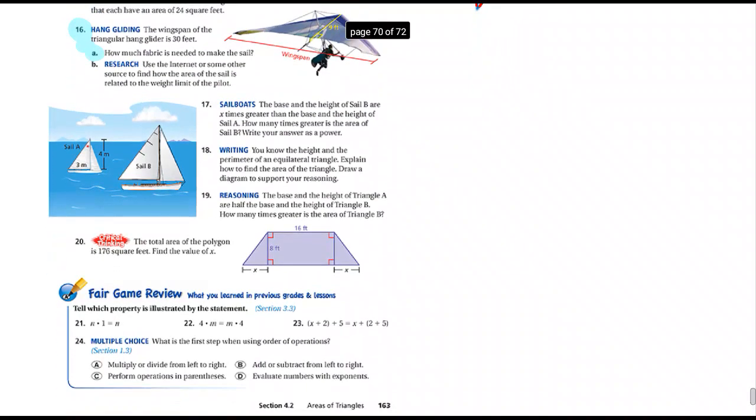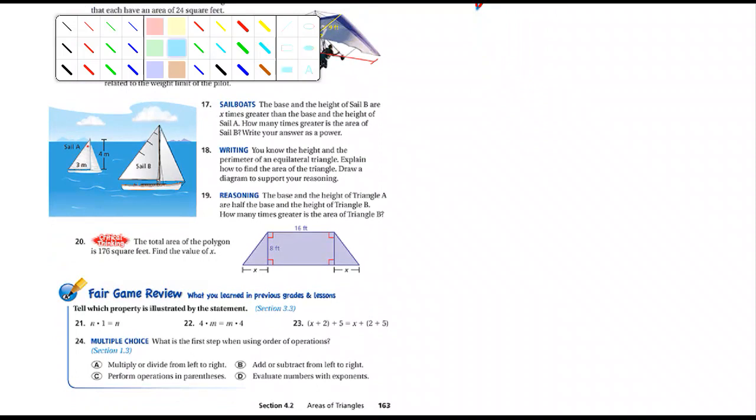Let's see here. I want you guys to do number 18. You know the height and the perimeter of an equilateral triangle. Explain how to find the area of the triangle. Draw a diagram to support your reasoning.